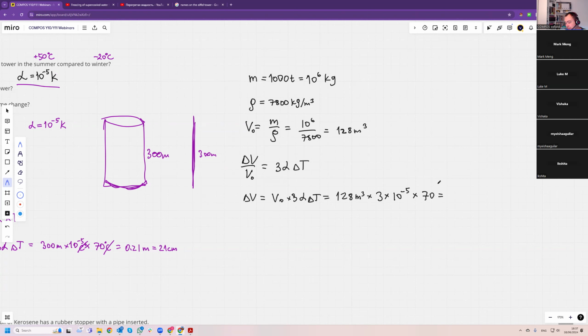That's what we estimated. So 128 times 3 times 70 times 10 to the power minus 5.